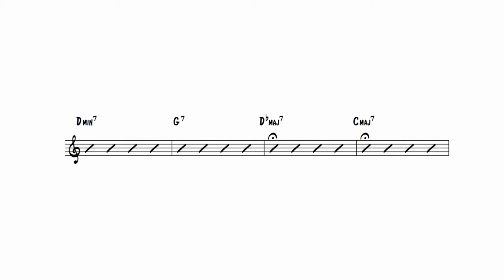Right? So basically, in the key of C, D minor 7, going to the 5 chord, some kind of G7th chord, but then landing on the D flat major 7 chord, and then ending on the C major 7th chord, the 1 chord. So that's what I call the flat 2 major 7 ending.